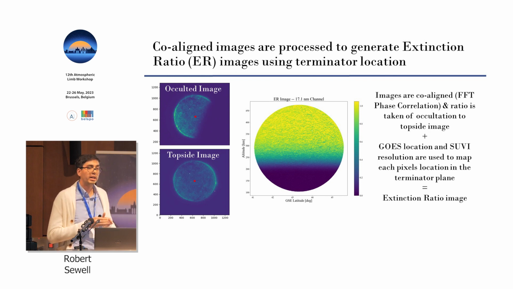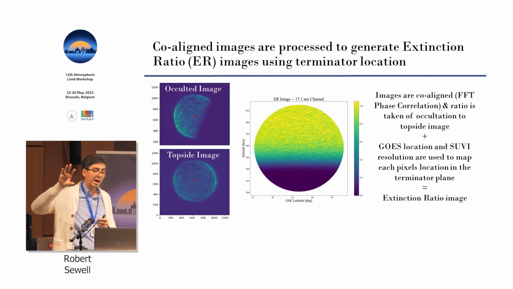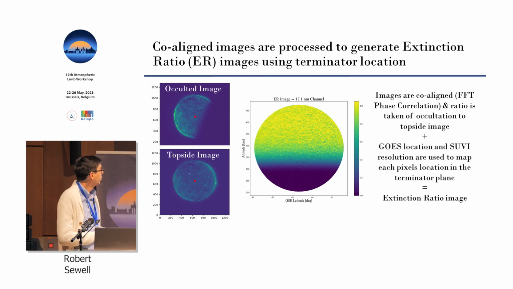And then the next part is figuring out what section of the atmosphere we're looking at. So we use the location mapping on the sun that SUVI gives us in its data files, and we back project that into the terminator plane in order to get this scaling shown here, where you have altitude on the y-axis and latitude on the x-axis.